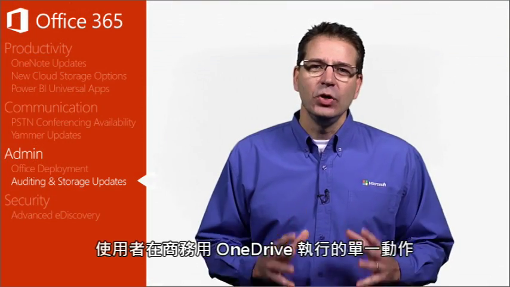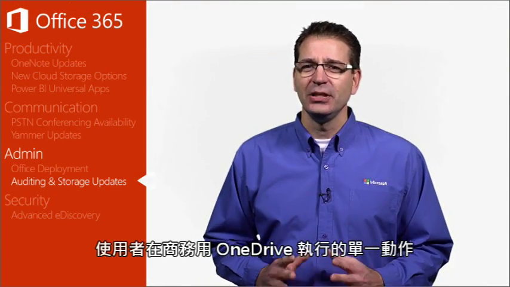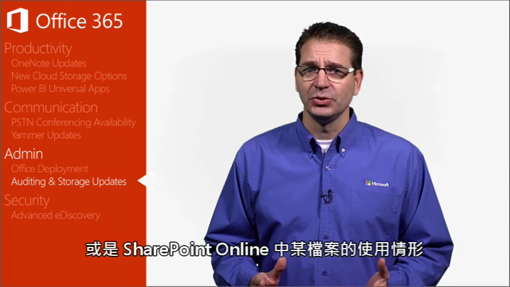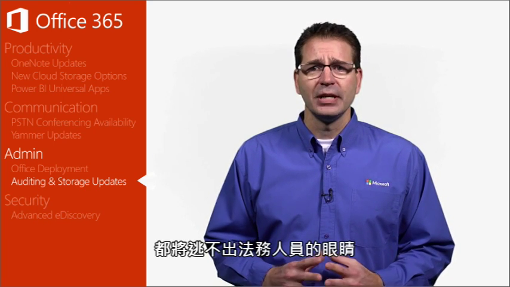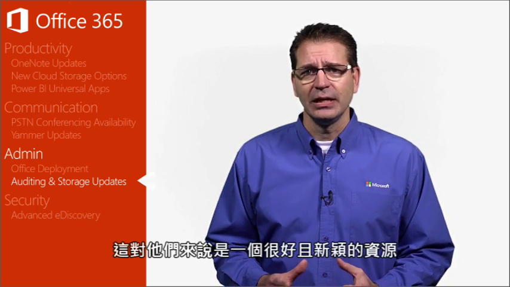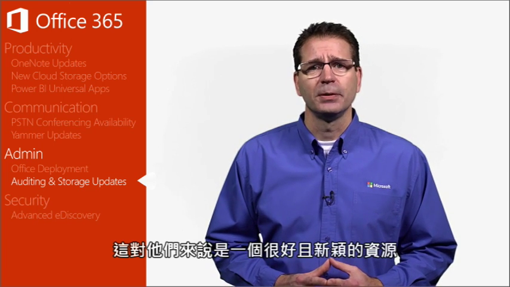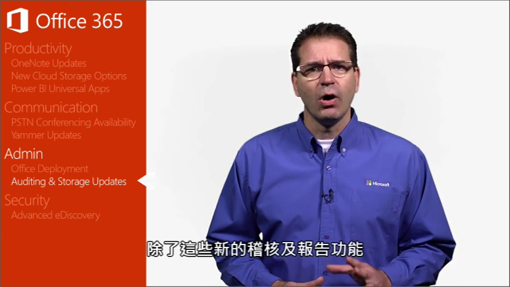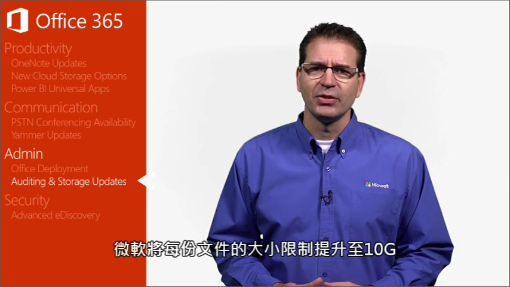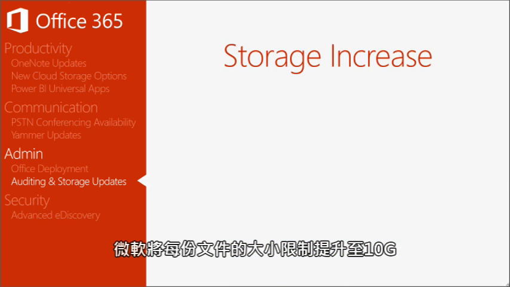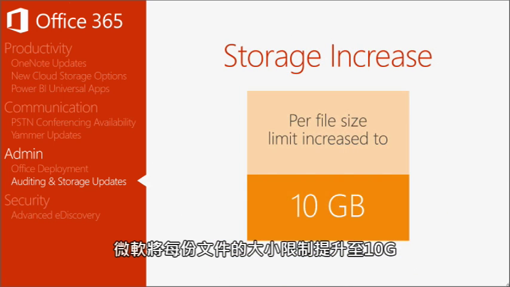This is a great new resource for compliance officers who need to understand actions taken by individuals using OneDrive for Business or taken by users on a specific file in a SharePoint Online document library. In addition to these new auditing and reporting capabilities, Microsoft is also increasing the per file size limit to 10 gigabytes.